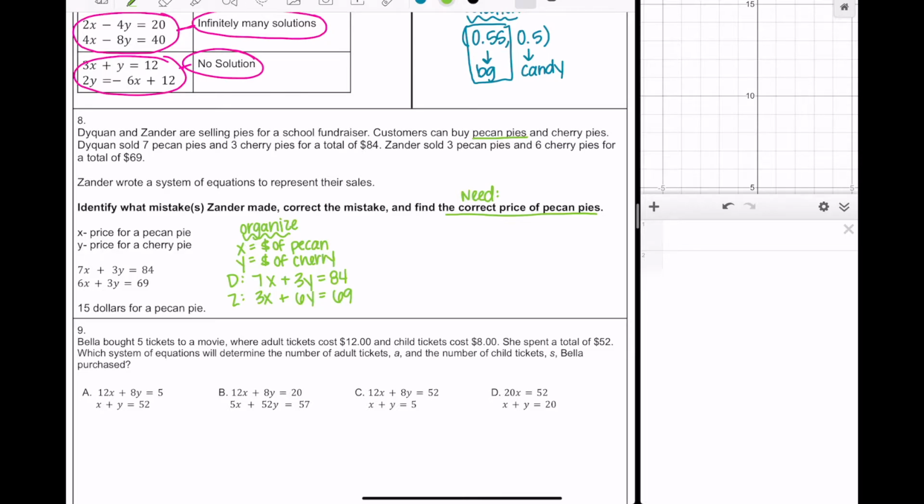Now we want to work this out. So our work is going to be typing this into Desmos and then finding the point where the two lines cross. So we're going to type in our two equations, and we're going to look for where those two lines cross one another.